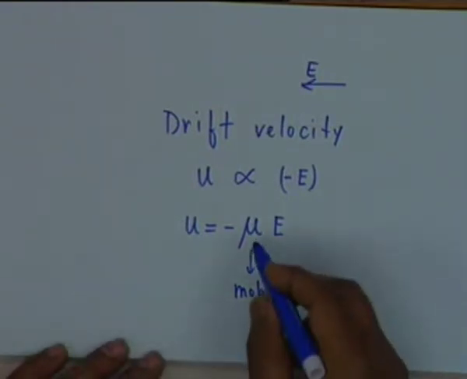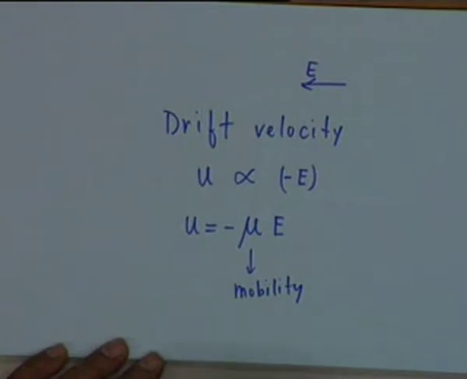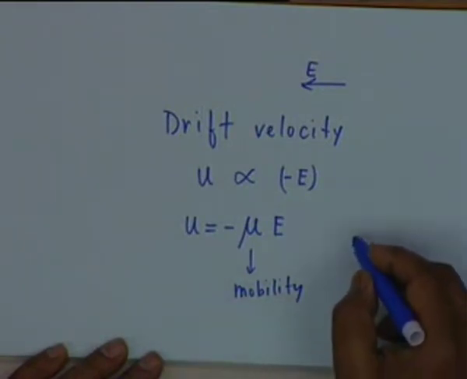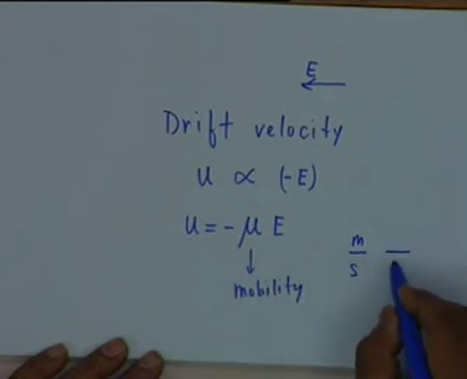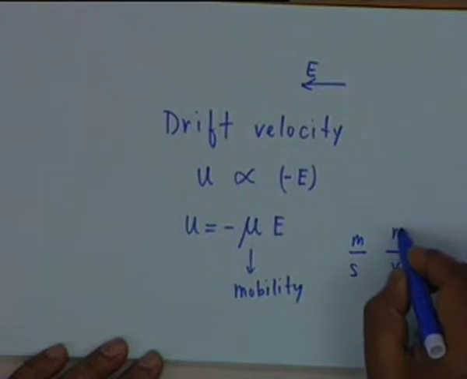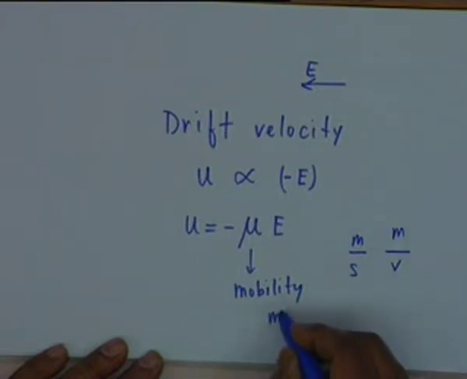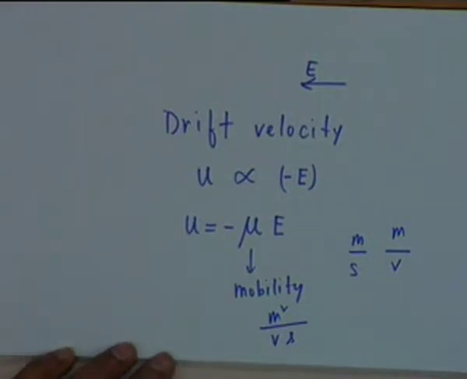It is called mobility, and you can easily see that its units shall be meters per second is the unit of U, and the unit of E is volts per meter, and therefore mu should be meter squared divided by volt second. Is that correct? The unit of mobility is meter squared per volt second.